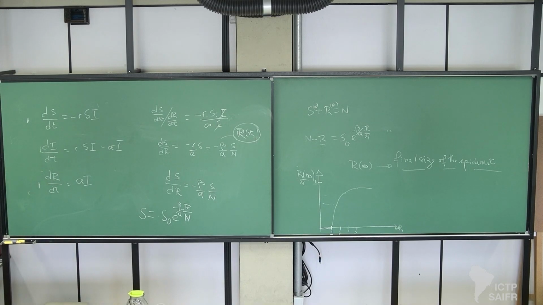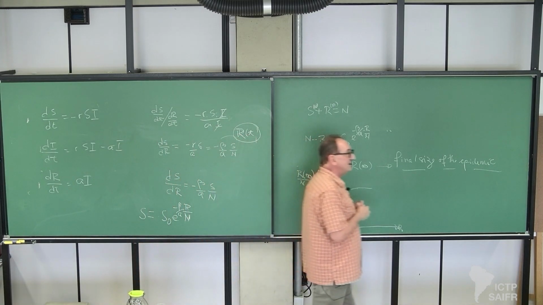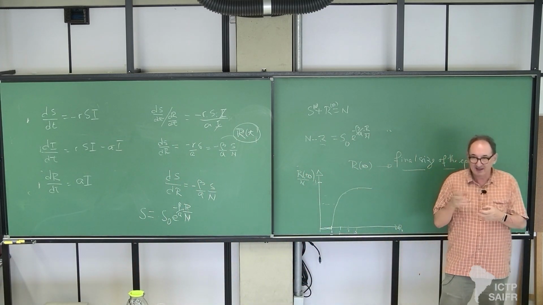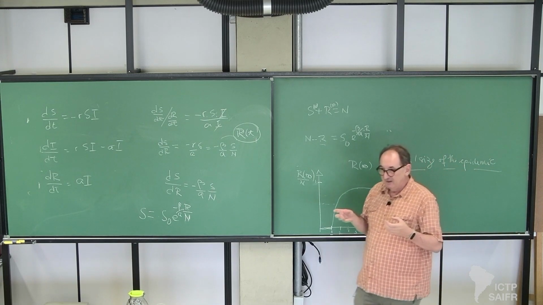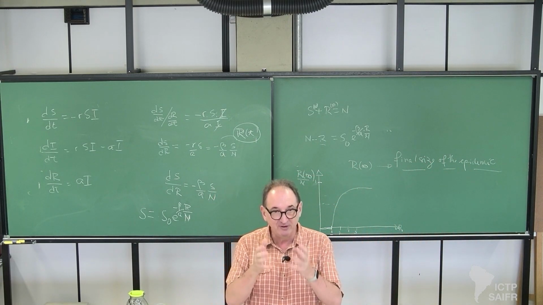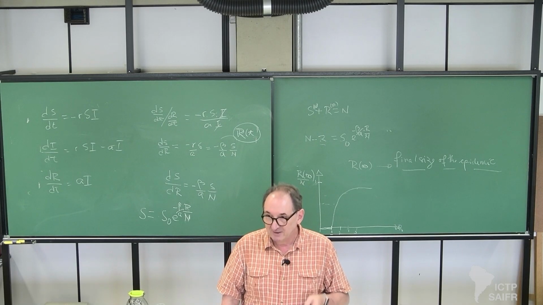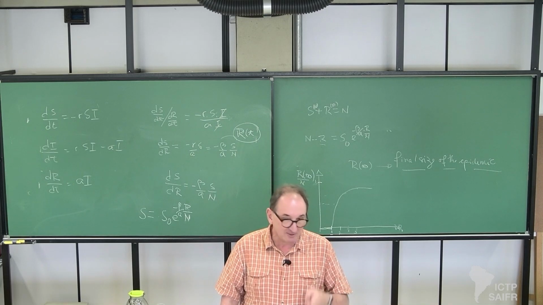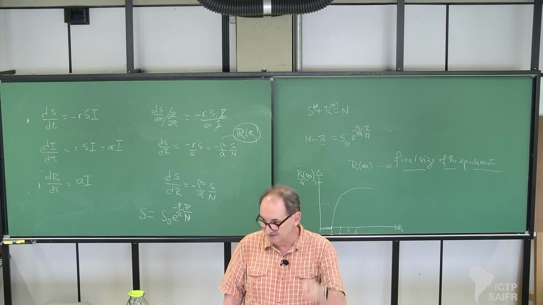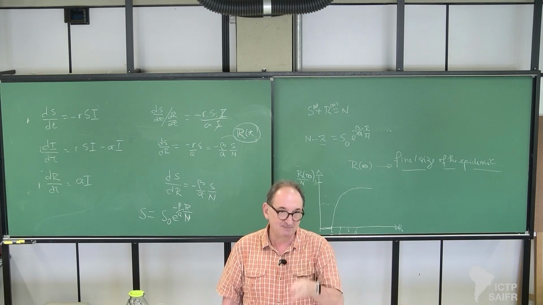Then there is the problem. Obviously, you have to work with these equations in order to somehow get a connection with the data. The data is number of new cases reported. There's underreporting. There are asymptomatic cases. Underreporting is cases that are cases and are not reported because the system is not perfect.